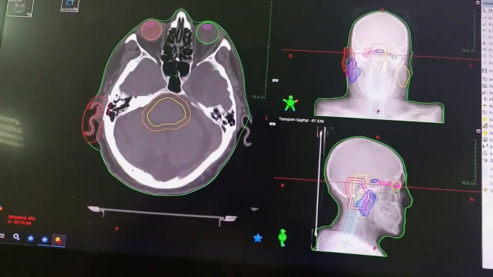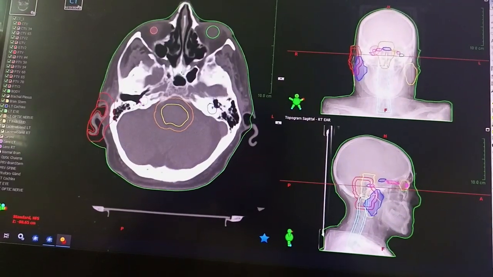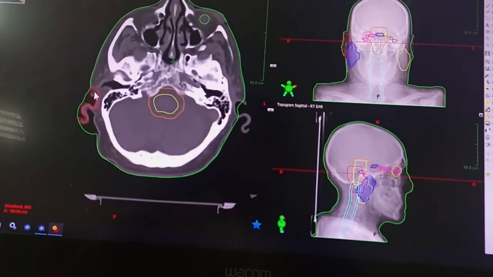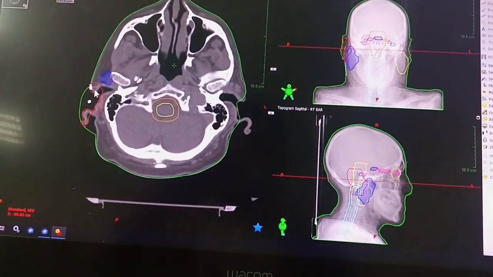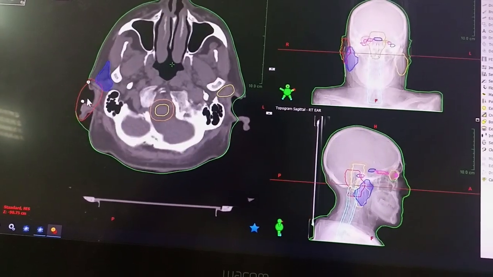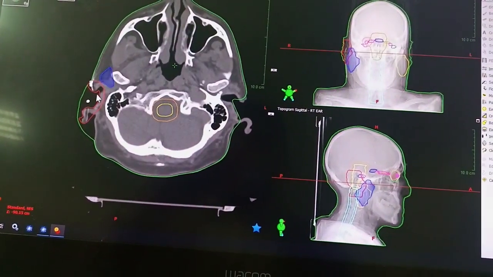Then we mark the clinical target volume. After marking the clinical target volume and cropping it from the air, extending outside the body, we give it a margin.